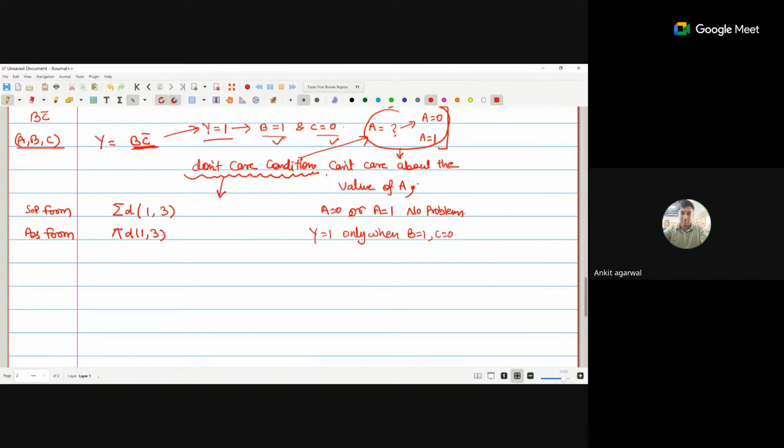So sigma d is the representation in SOP form and pi d is the representation in POS form.